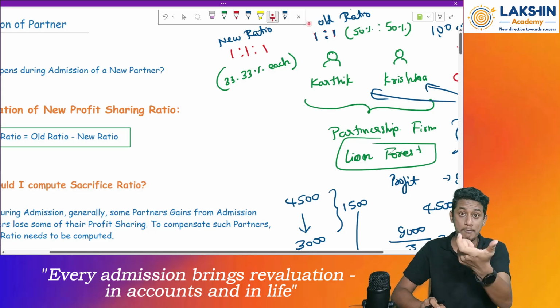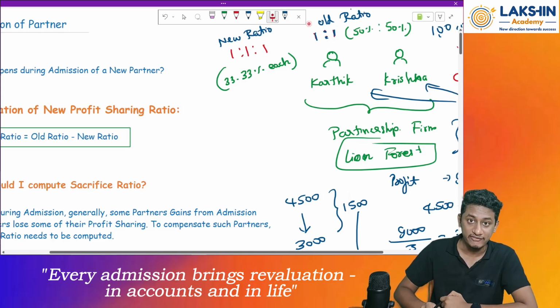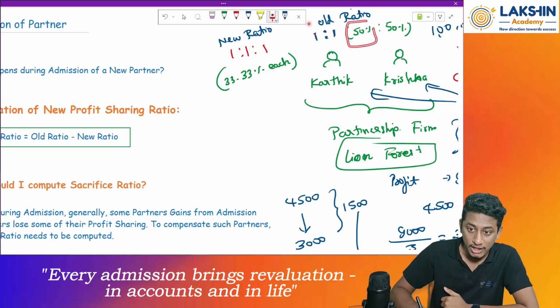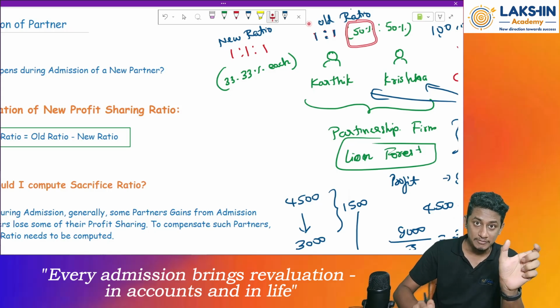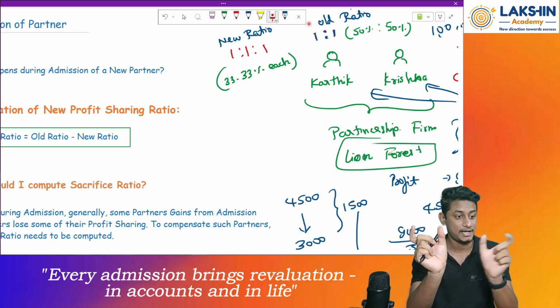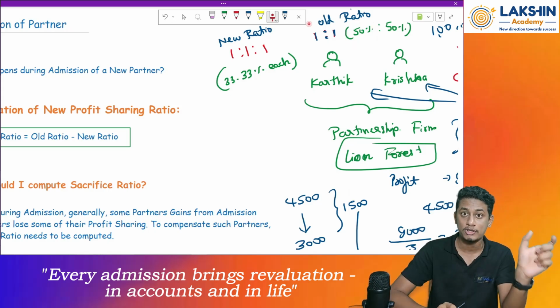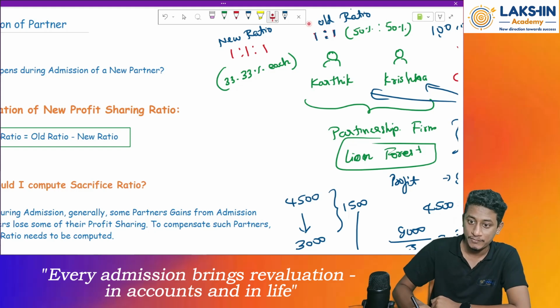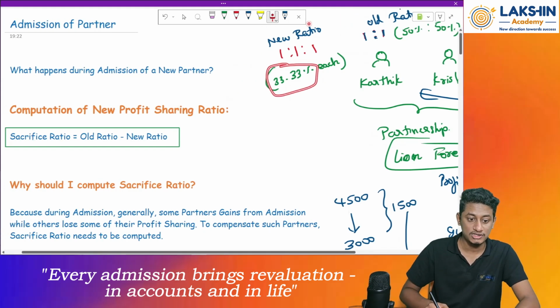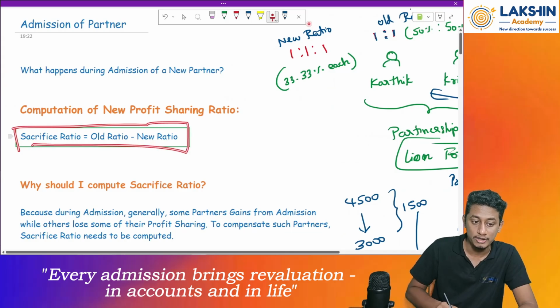Now what is the ratio that they have sacrificed? How to find it out? We know that we always subtract a smaller number from a larger number to find a positive figure. So here also, the old ratio is the bigger number, minus the new ratio. The same has been put into a formula: old ratio minus new ratio.